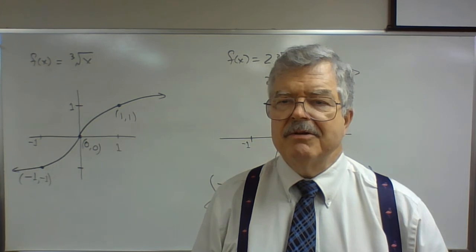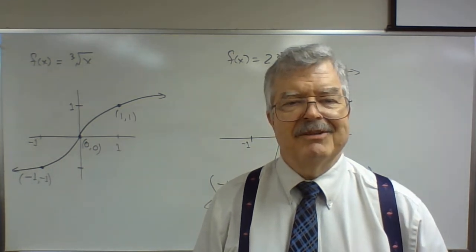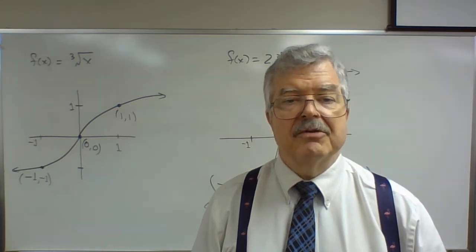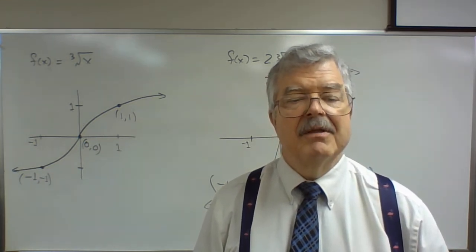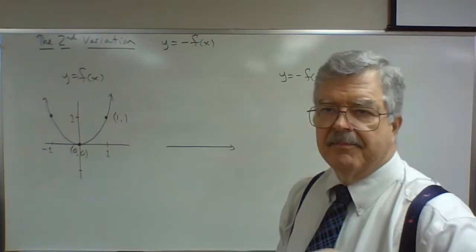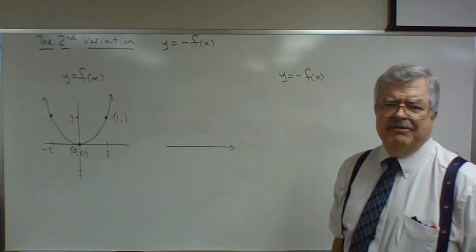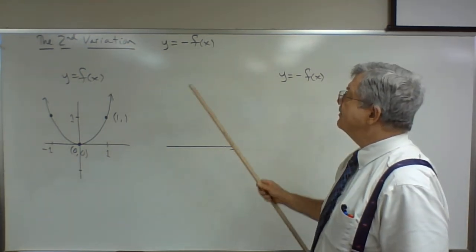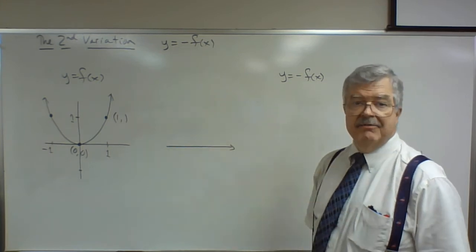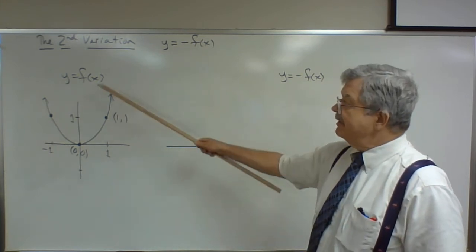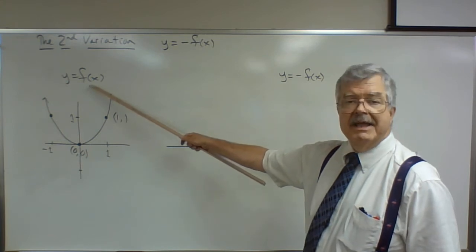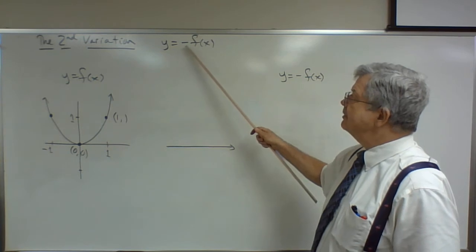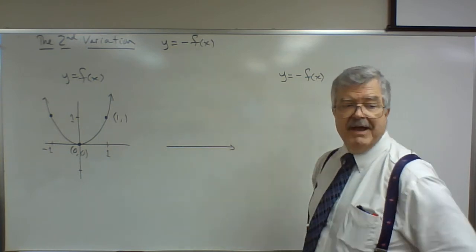And I'm never one to leave well enough alone, so let's try something else that we can do to alter the graph of a function vertically. A new variation. We're going to take the original function f of x and multiply it by -1. So given the graph of a basic function y equals f of x, we want to be able to graph the function y equals negative f of x.